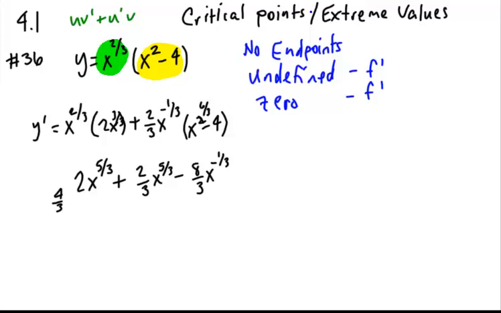Whoops, that's 6/3, not 2/3. So 6/3 plus 2/3 is 8/3 x to the 5/3 power minus 8 over 3x to the 1/3. And we want to set all this equal to 0. So this looks really nasty right now.